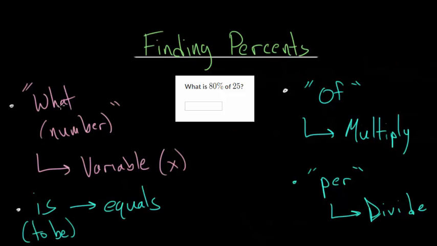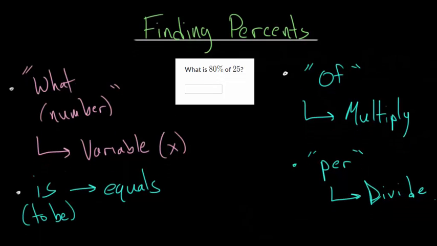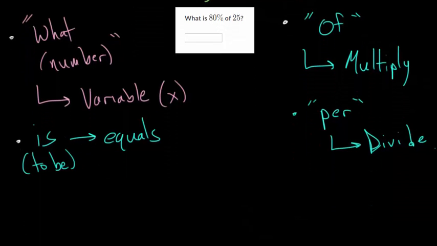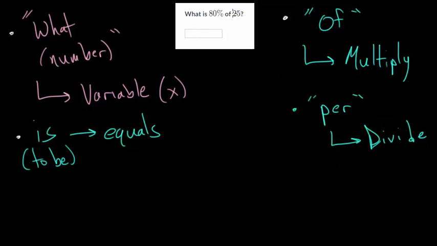So now that we at least know what these English words are representing, we can set up an equation to actually solve this. So let me just make a little bit of room so that we can do this. And the question we're looking at is, what is 80% of 25? So remember, you see that word what? That's our missing number, x. And then is your equal sign.